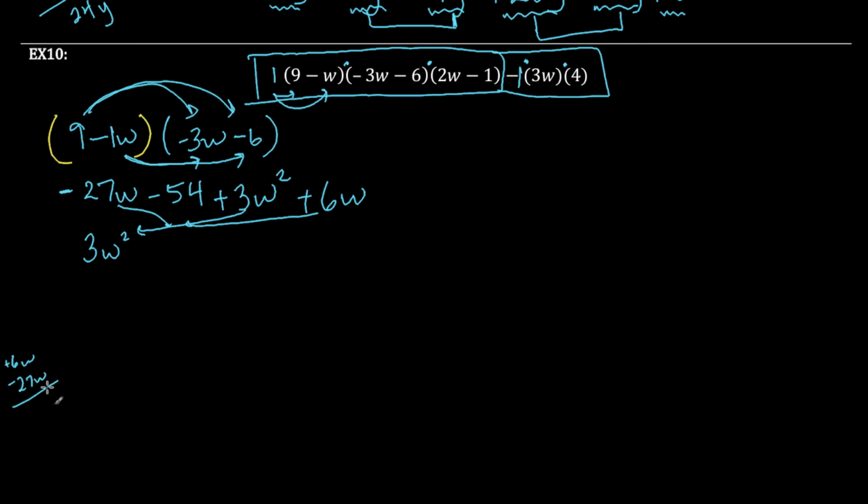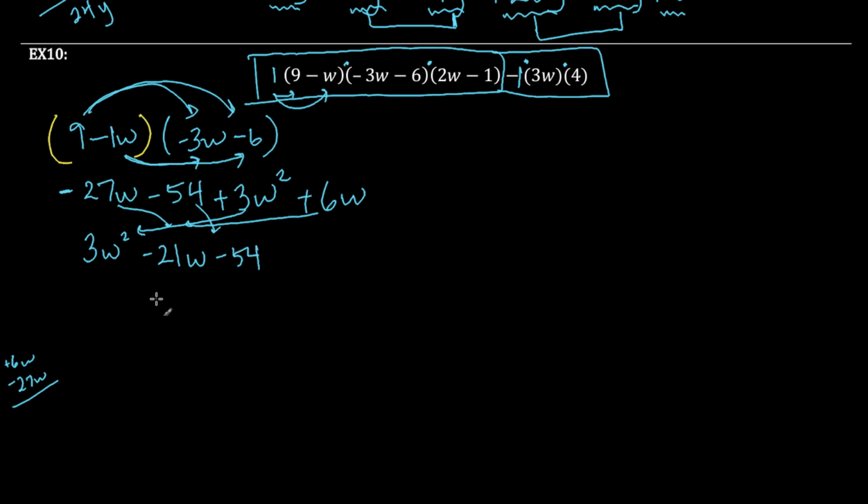So 6 minus 27 is negative 21. There's 21 w's left over, and they're all negative. So minus 21w. Remember, we're combining, so it's just w. And then we have this lone 54, so minus 54.